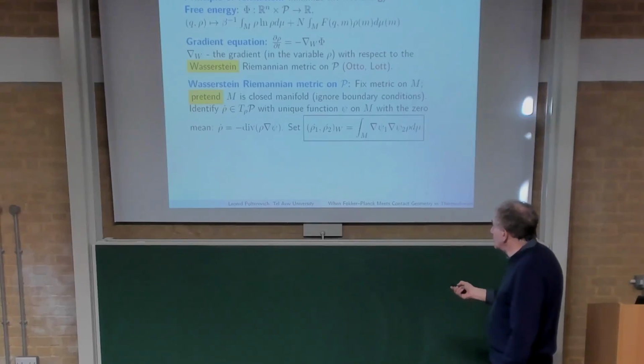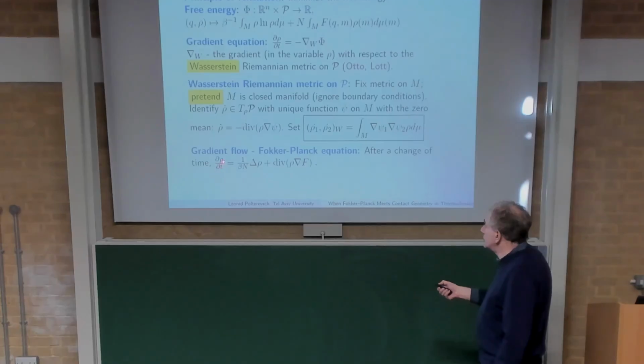Anyway, after all this, you really get the Fokker-Planck equation, which is d rho dt equals 1 over beta n Laplacian rho plus divergence rho gradient f. And n is large, so you have a small parameter at the Laplacian.